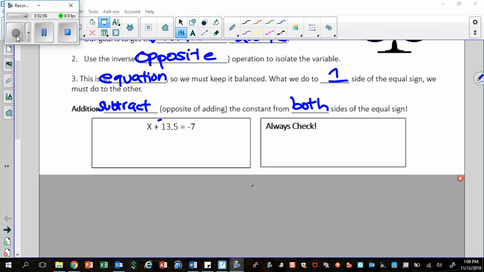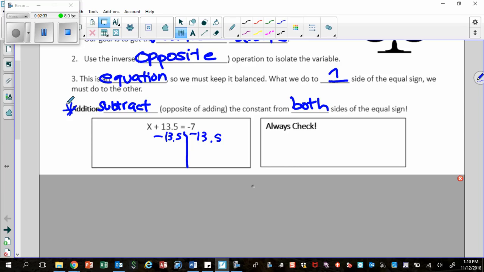All right, so to start out, I like to draw a line separating both sides of my equation. This is just a reminder that what I do to one side of that line, I have to do to the other. So we're going to subtract, like the directions say, subtract the constant from both sides of the equal sign, or both sides of the line.